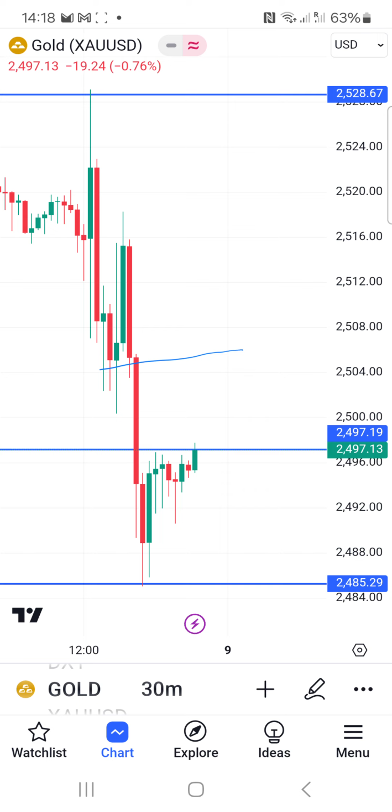This is another area which we will check because it was a previous resistance. Another simple way of looking at this is you check the immediate recent resistance and support. Now, our immediate recent resistance was this one and our immediate last support was here.